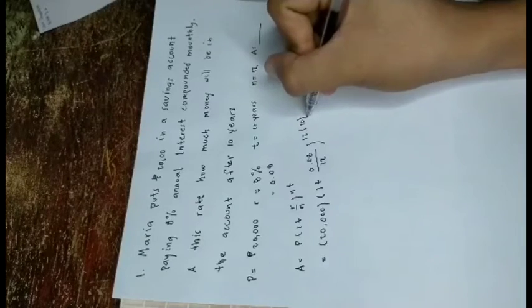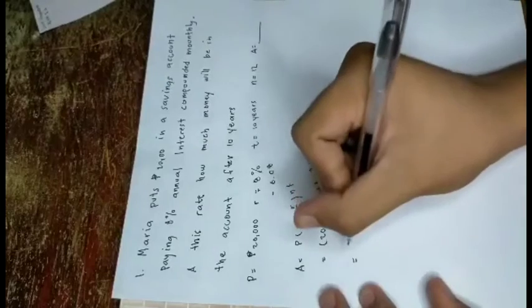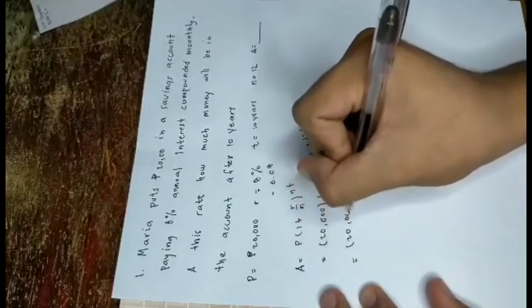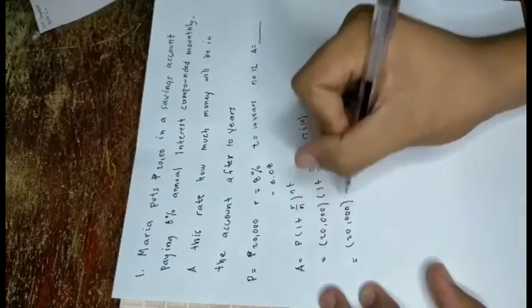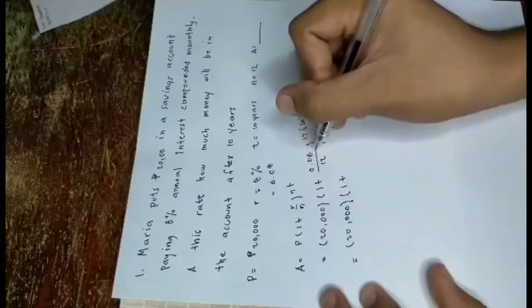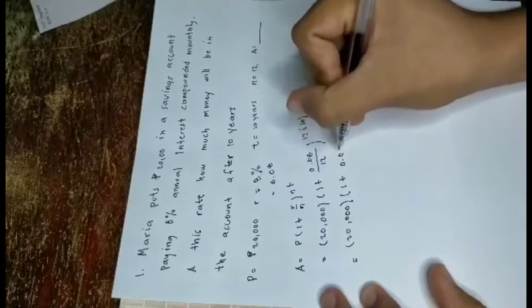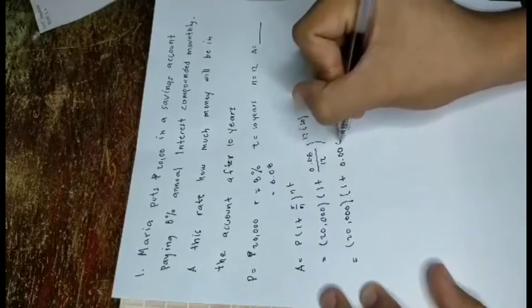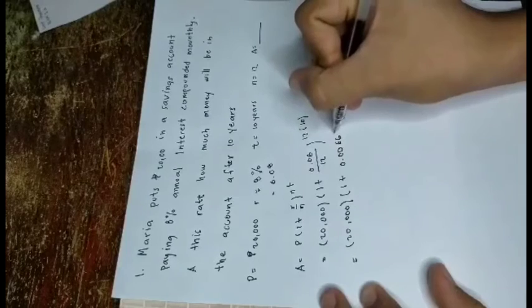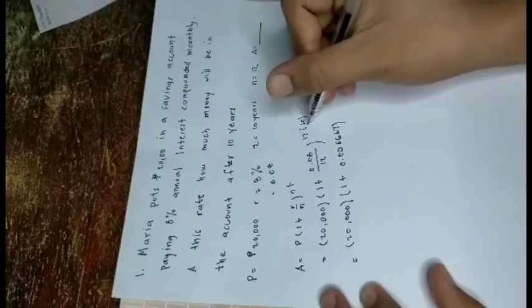Then we have 20,000 times 1 plus 0.08 divided by 12, that is 0.006667. Then 12 times 10 is 120.